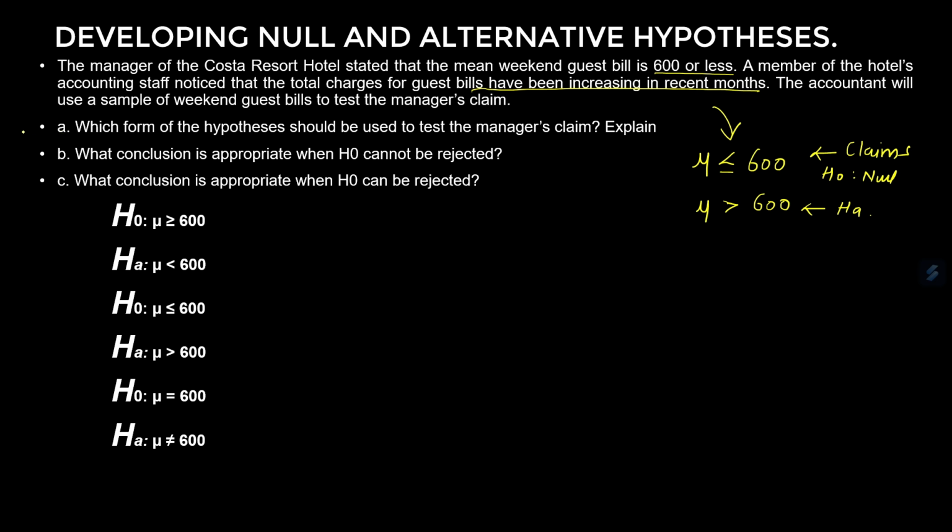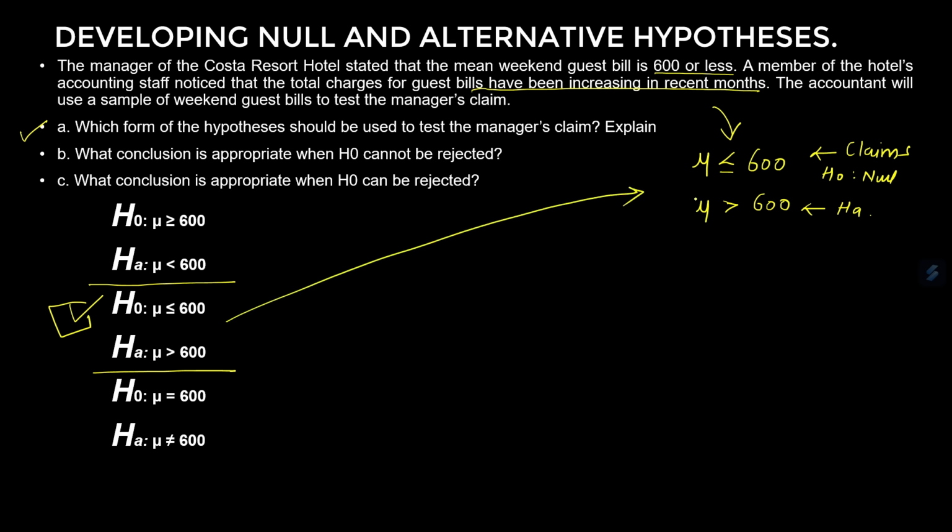Question A is asking which form of the hypothesis should be used to test the manager's claim. Explain. We have three different types of hypothesis, so which one will be particular? This one, because we already made this over here. Why? Because the manager is claiming that our mu is less than or equal to 600, meaning the mean weekend guest bill is less than or equal to 600.